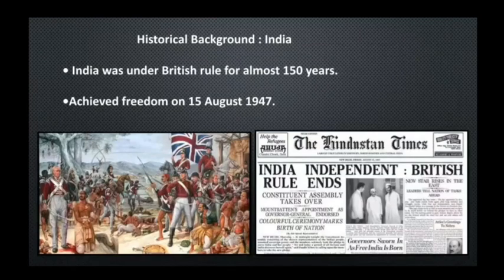Despite facing several problems like the wars, the Indo-Pakistan War and Indo-China War, and famine situations in various parts of India, India today is a major developing country in the world.